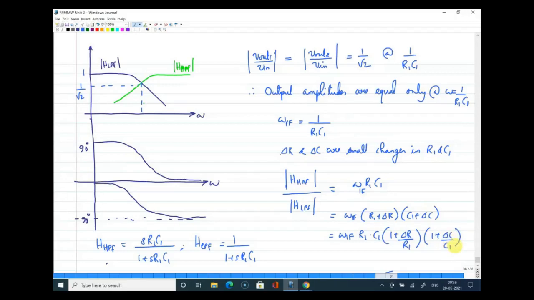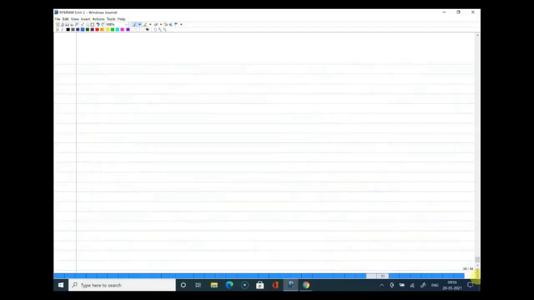Since omega IF is equal to 1 by R1 C1, this will be equal to 1 plus delta R by R1 into 1 plus delta C by C1. So the magnitude of the high pass filter to that of the low pass one can be written as 1 plus delta R by R1 plus delta C by C1 plus delta R delta C by R1 C1.